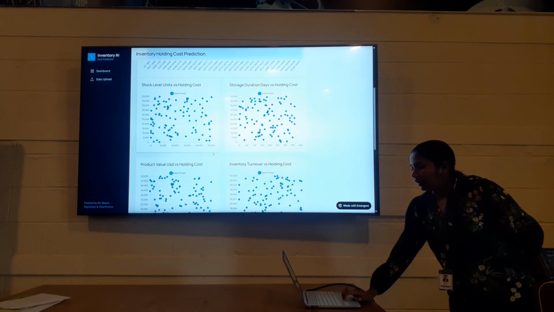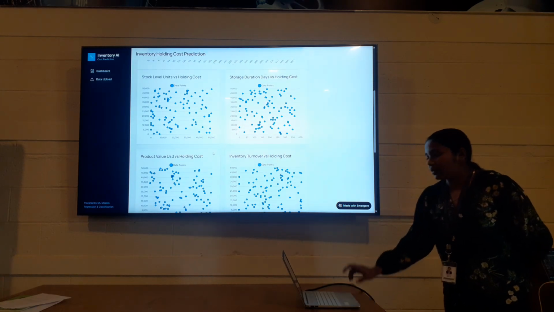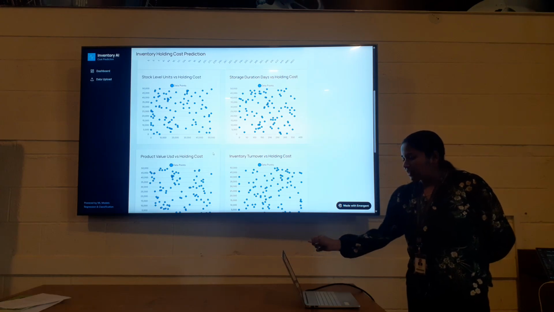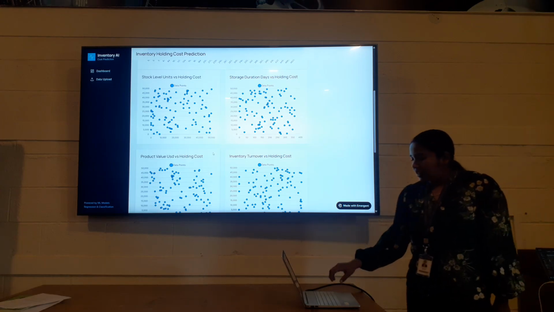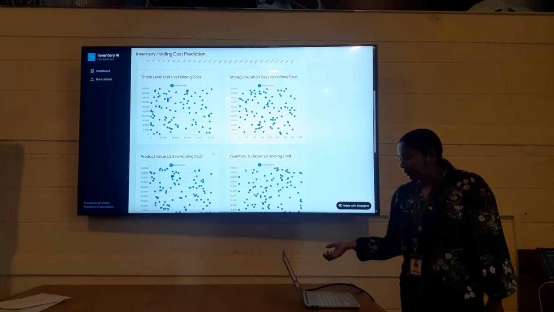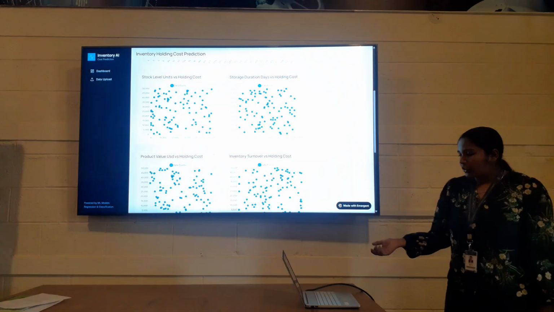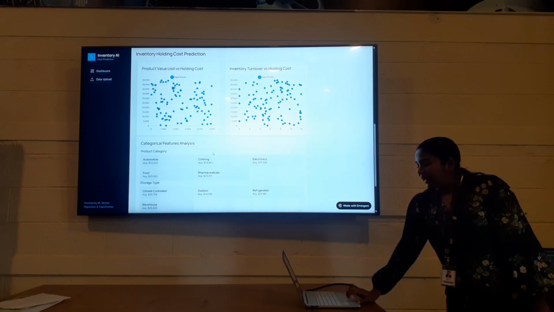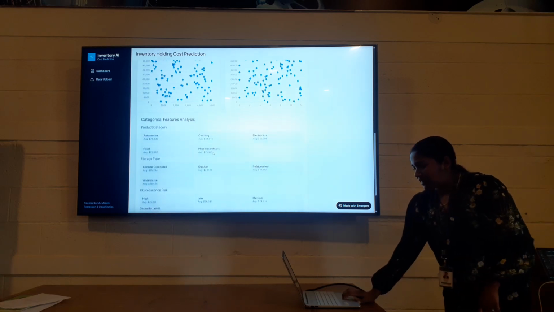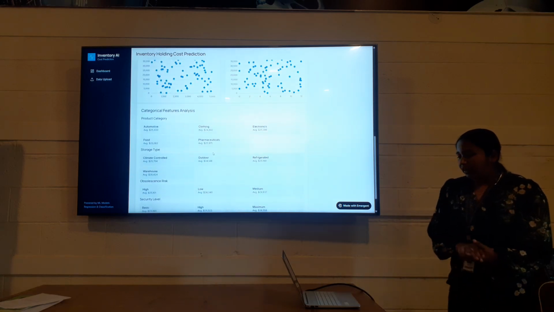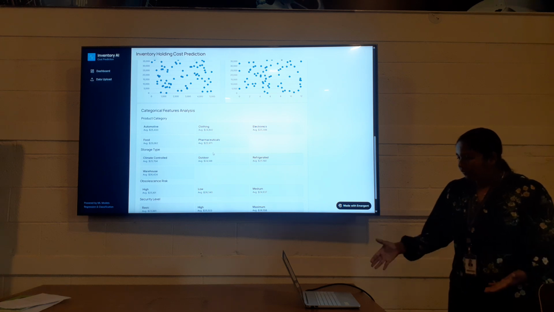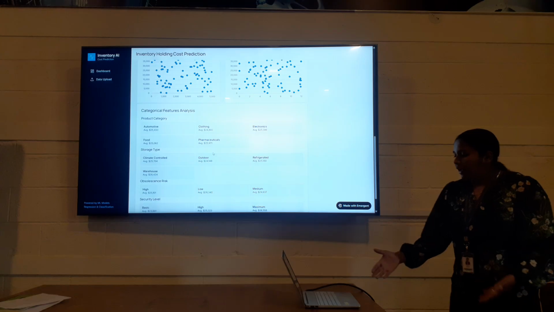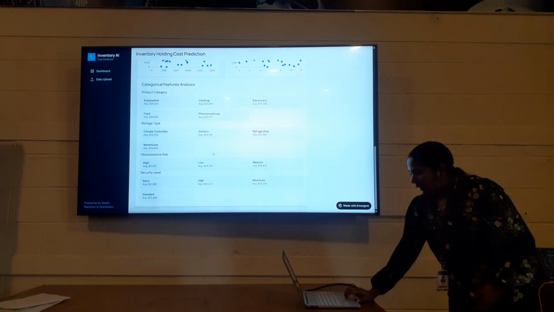Here we have the various plots for the dependent variable, which is the target variable, versus the remaining independent variables such as stock level, storage duration, product value, and inventory turnover. This is also categorical feature analysis, such as product category, which includes clothing, electronics, food, etc., and storage types such as climate, outdoor, refrigerated, warehouse, and the remaining ones.